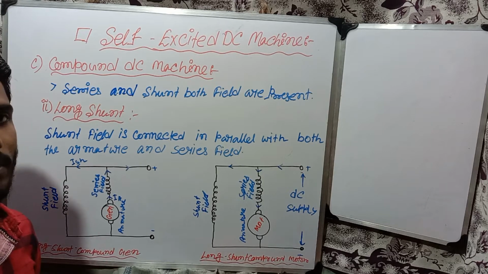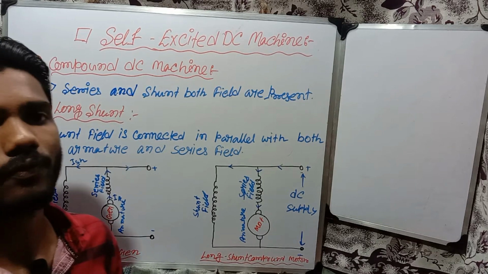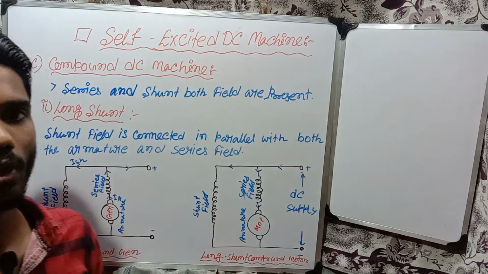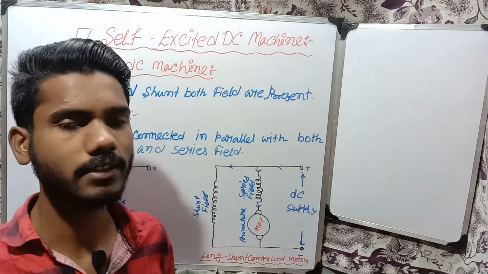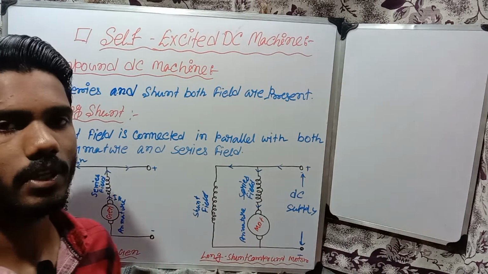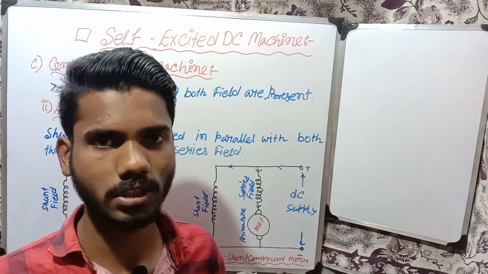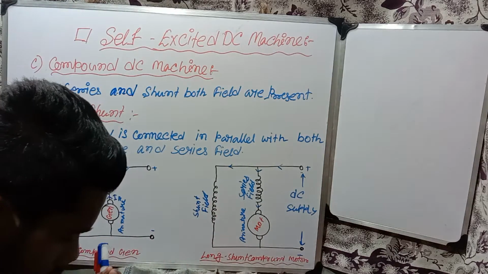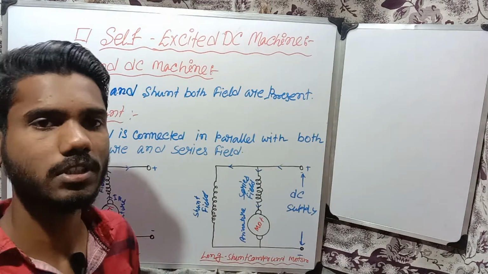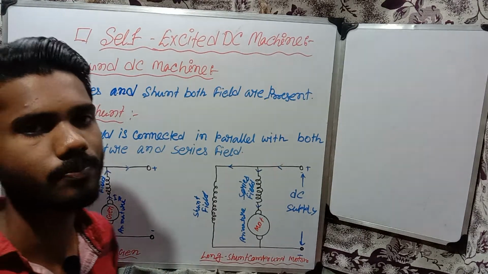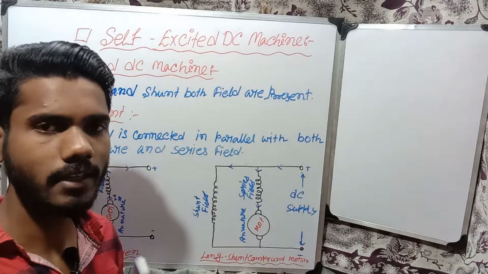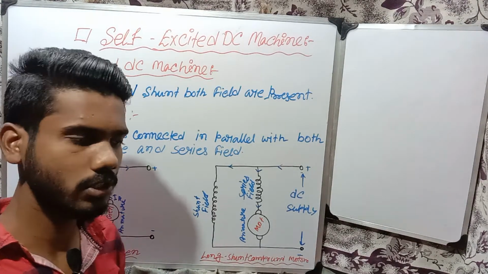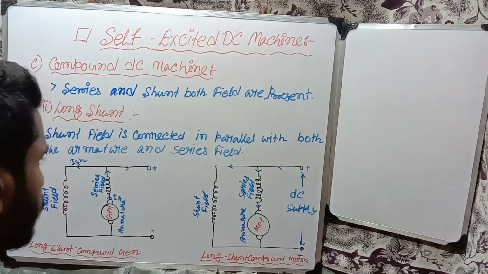In DC machines, if the field winding is connected in parallel with both the armature and series field, then we can call this DC machine a long shunt compound DC machine. That means a long shunt compound DC machine is one where the field winding is connected in parallel with both the armature and series field.